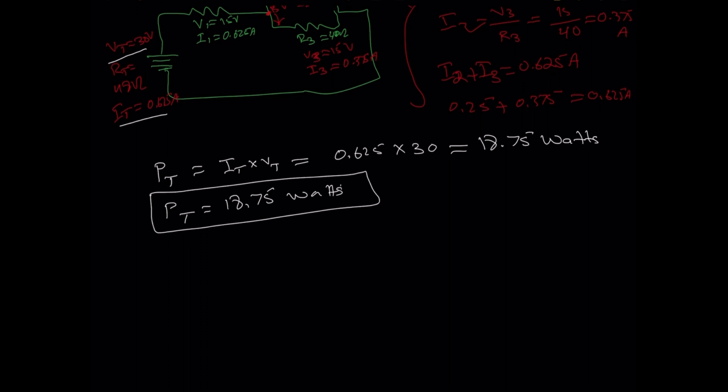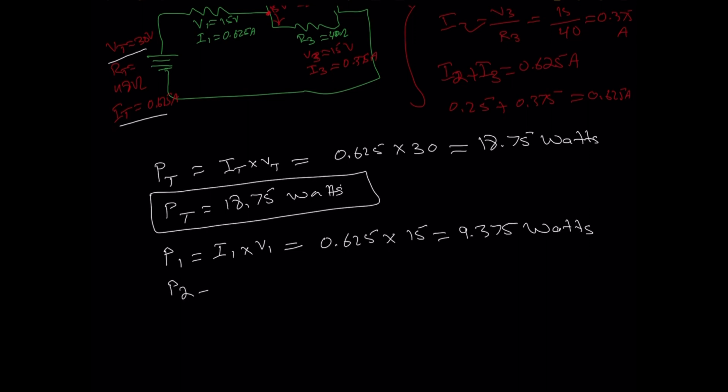Now let's find the individual power. P1 will be I1 times V1. I1 is here 0.625 times V1 is 15. 0.625 times 15 will give me 9.375 watts.